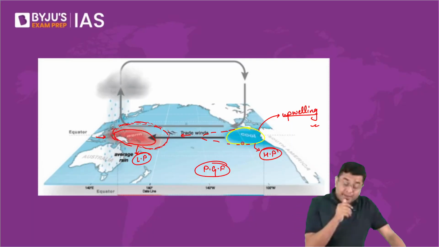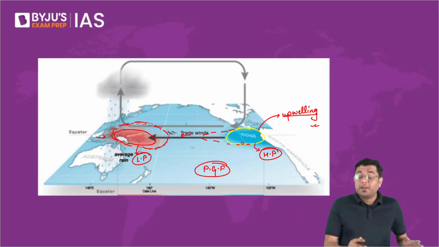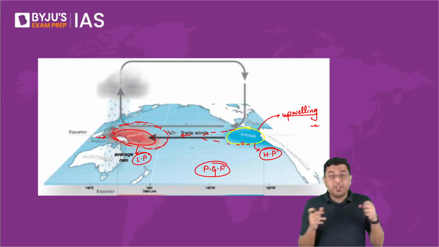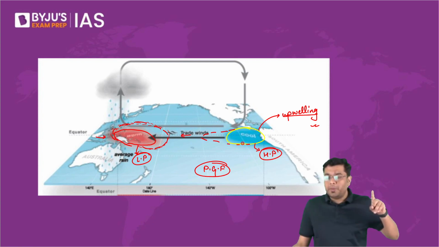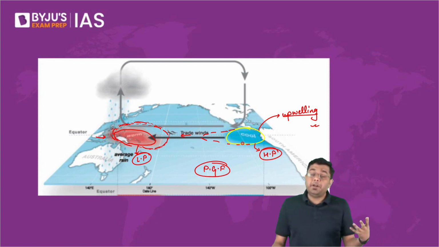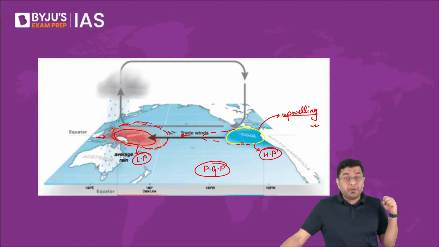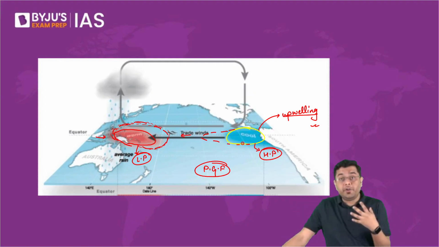So, in this case, not only has the wind strengthened from the normal conditions, but the low pressure has also intensified as compared to the normal conditions. So, what will happen to the amount of rainfall received in the region of Australia, Indonesia? Amount of rainfall, will it increase? Will it reduce? It will increase. As compared to normal, the amount of rainfall will get heavier.